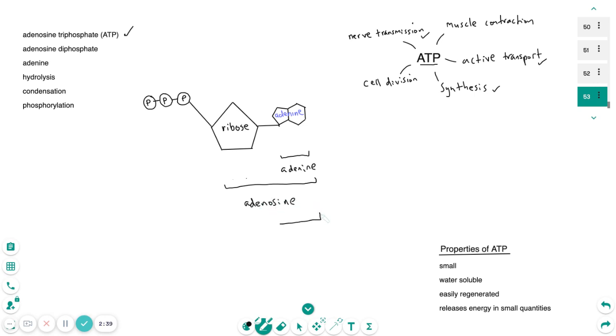And then if we do all 3, that would be adenosine triphosphate. You can have it with just 1 P. We'd call that adenosine monophosphate. And if it's 2 phosphates, we call that diphosphate.